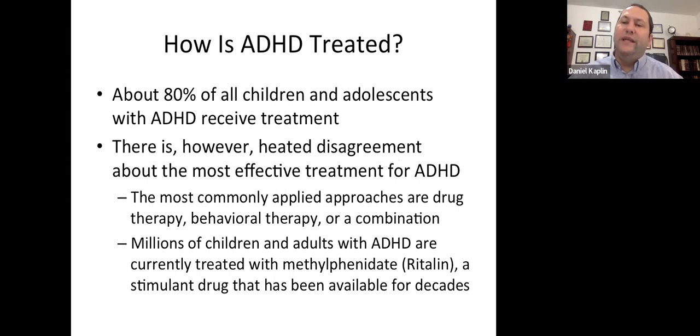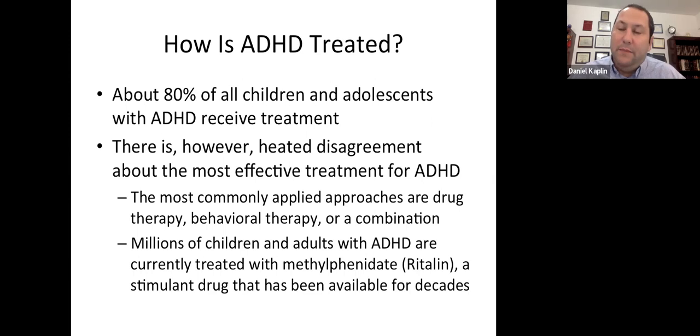Now, how do we treat ADHD? Well, what we see is that about 80% of children and adolescents who are diagnosed with ADHD receive treatment in one form or another. There is a debate in the profession as to what the best course of treatment is.